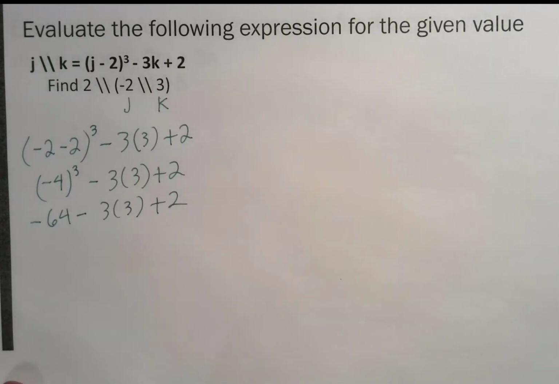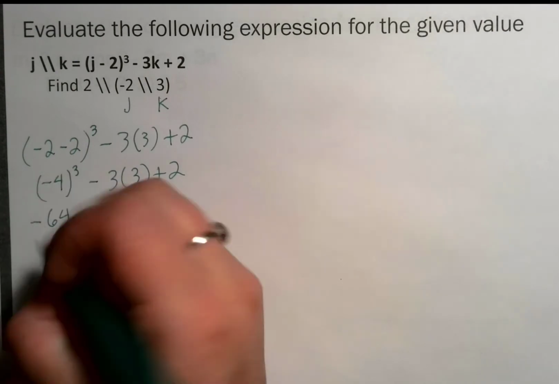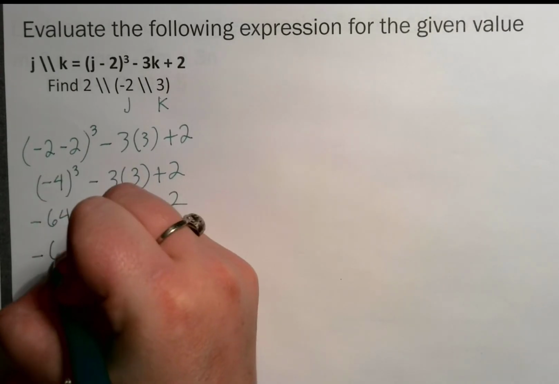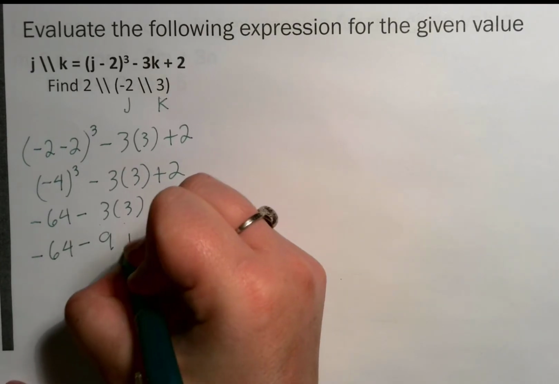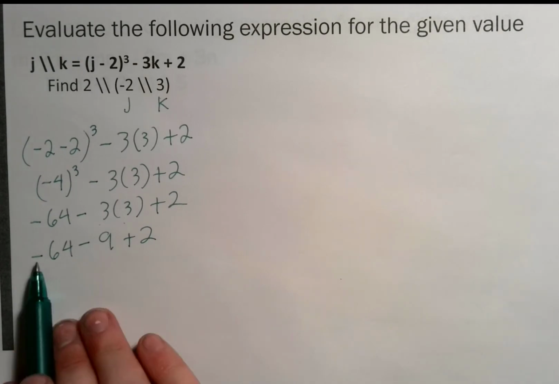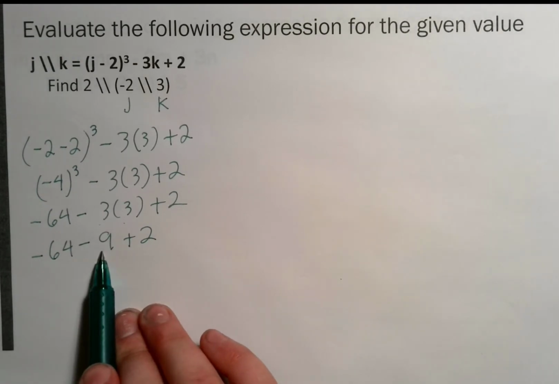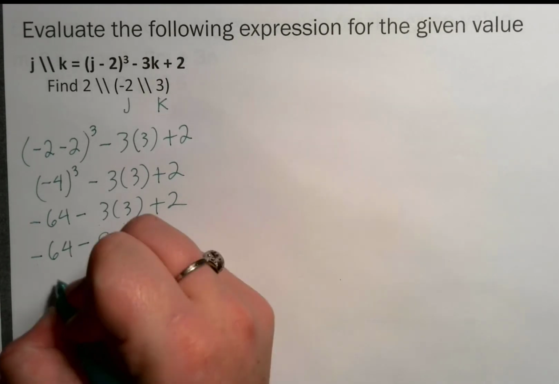We can do multiplication and division next. So I've got 3 times 3. So we've got negative 64 minus 9 plus 2. Negative 64 minus 9 is negative 73.